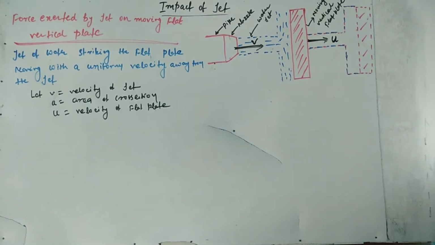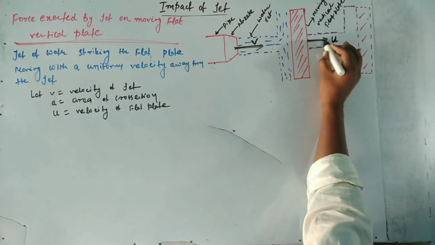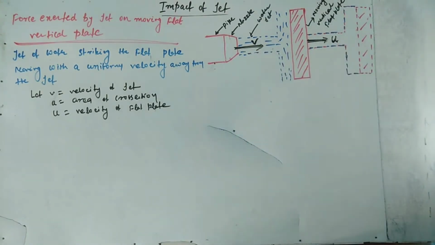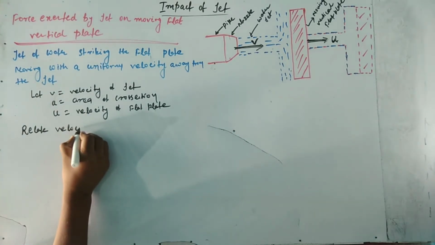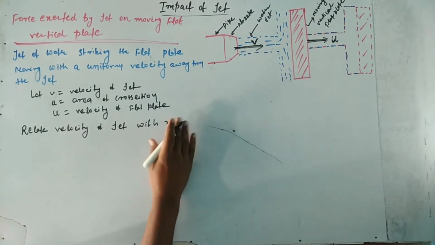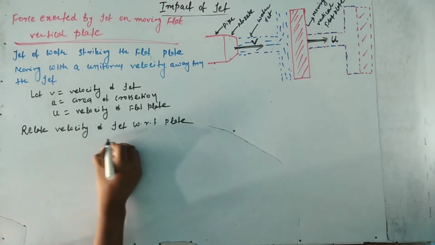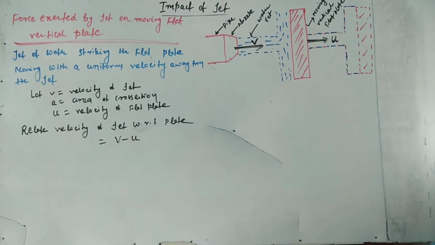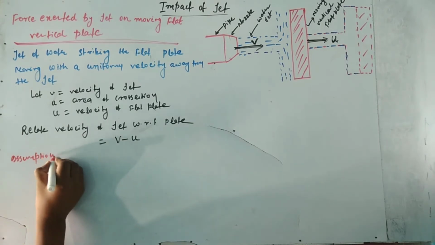When the water jet strikes the plate, the plate moves with velocity u in the same direction as the jet. So the relative velocity of the jet with respect to the plate is v minus u, because the plate moves along the jet.